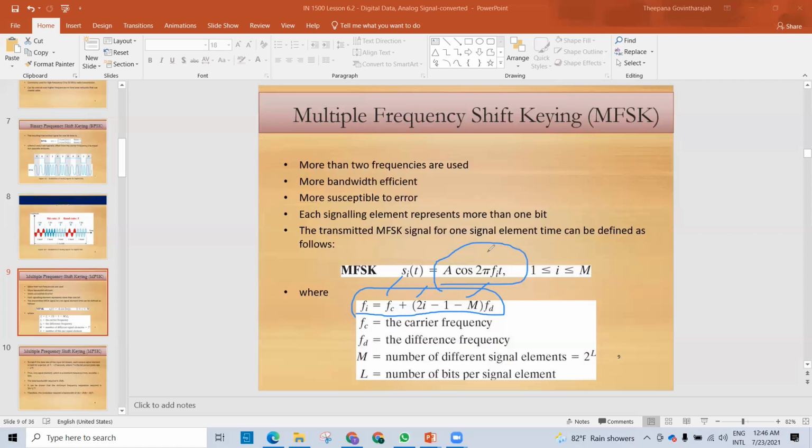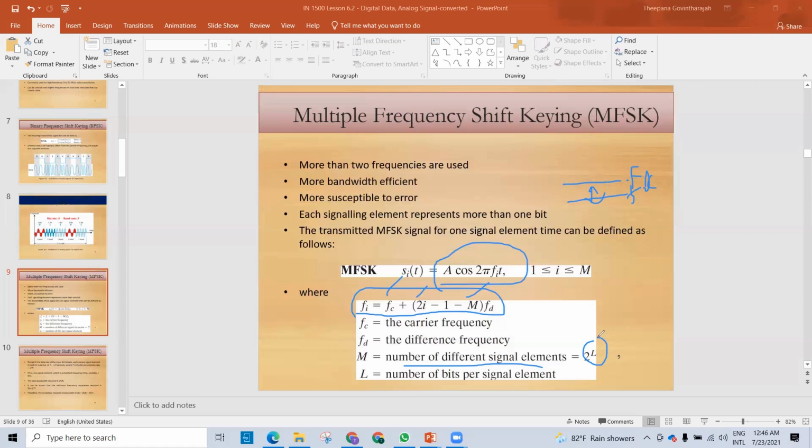And the number of different signal elements, M, is equal to 2 to the power of L. For example, as I mentioned, if one signal is represented by 2 bits, that number of bits is L. Then 2 to the power of 2, 4 different combinations are possible.